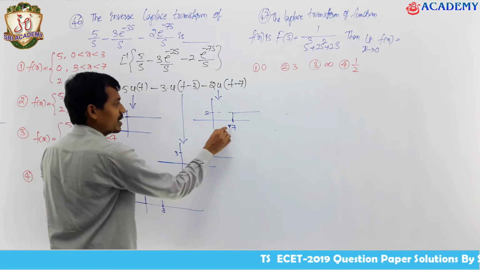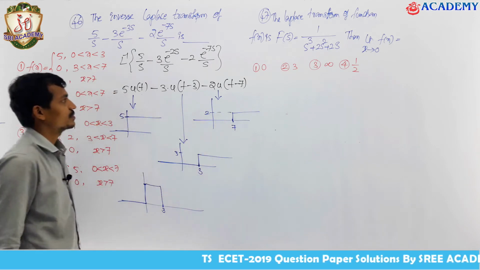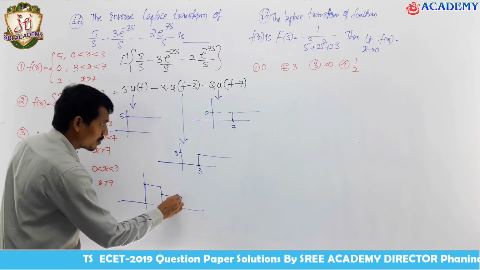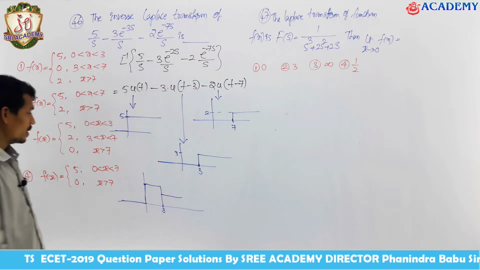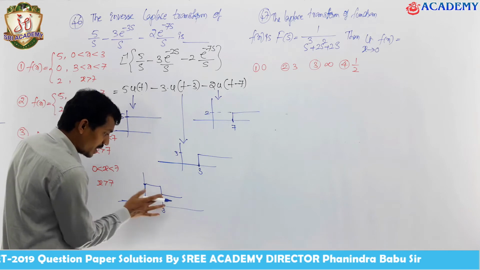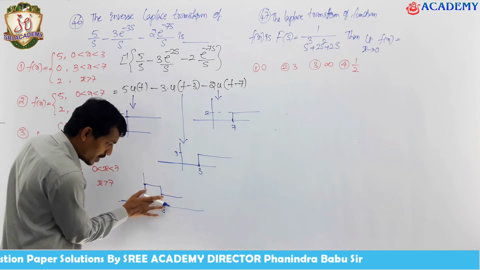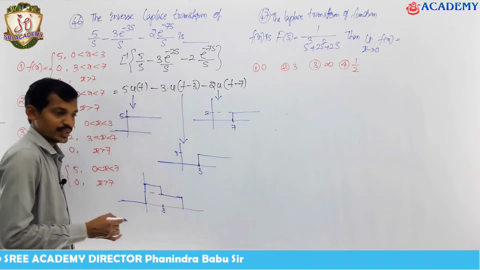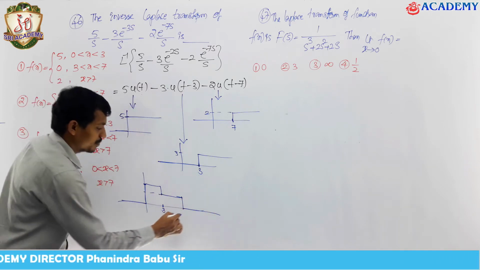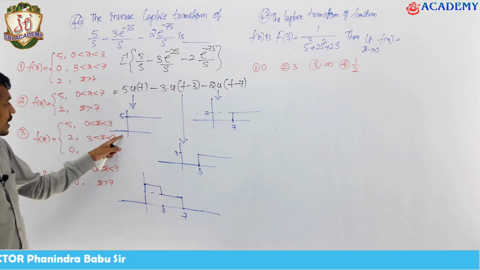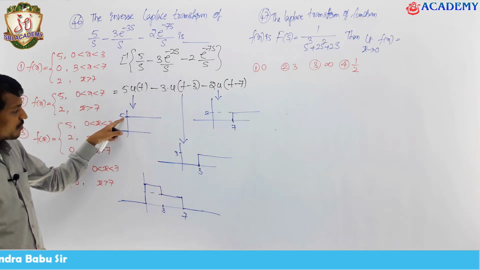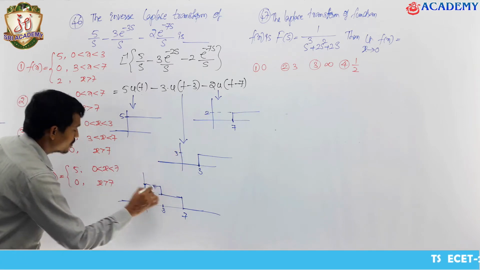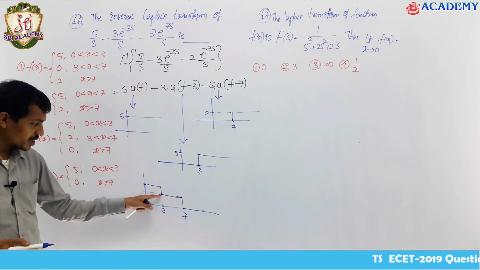From 3 to 7 it is going to be 2. After that it is going to be 0. At the start this value is 5, after 3 it is going to be 3.